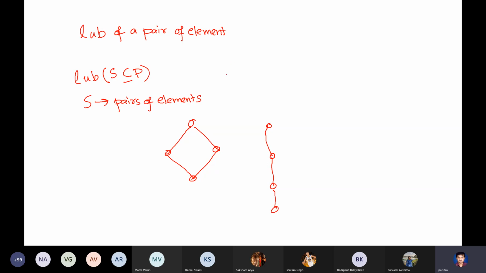So you consider the least upper bound of a pair of elements. Let me number them A, B, C, and D. So I would talk about the least upper bound of only pairs, let's say the pair AB, and similarly the greatest lower bound also of only pairs.